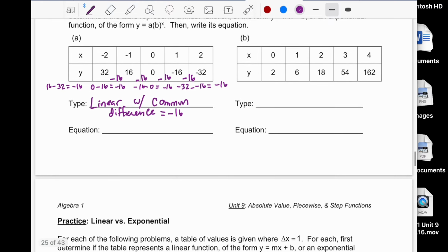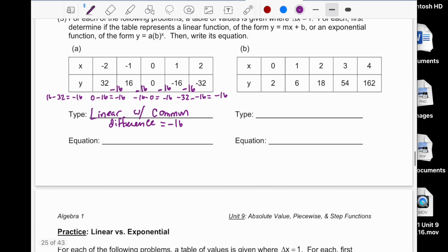The form of a linear equation. Now they said y equals mx plus b. That's ultimately what we wanted to simplify down to. We're using y is equal to a times x minus h plus k. The common difference is the a value. You just have to pick a point from the table in order to get the h and k values.